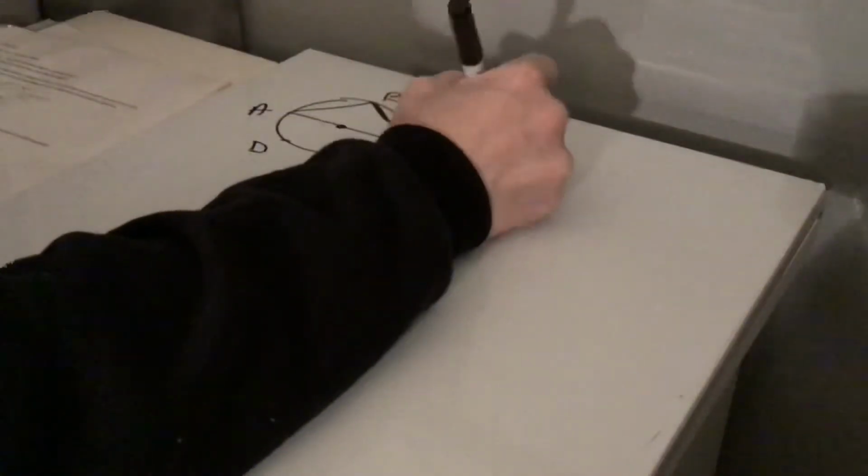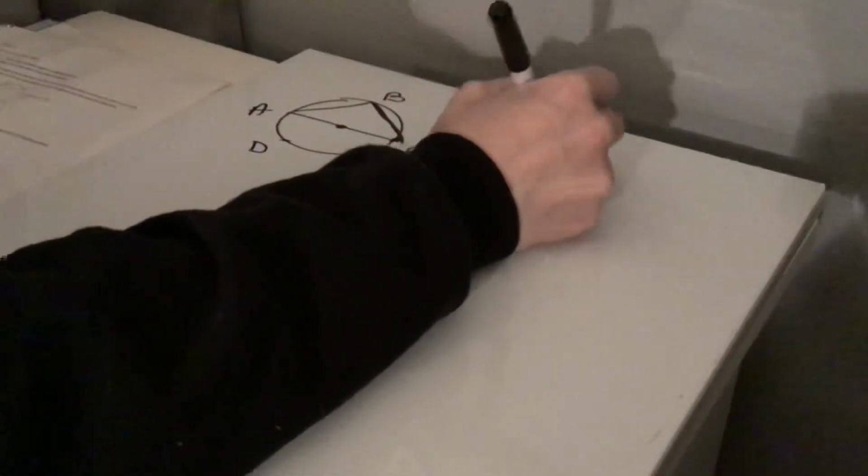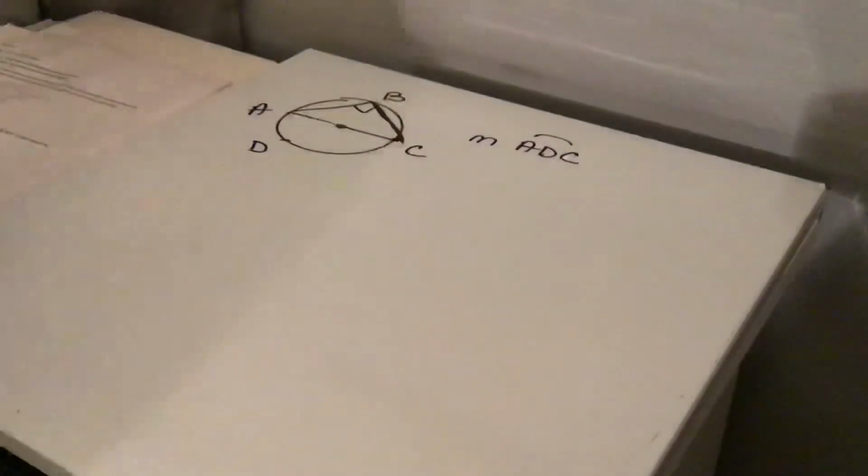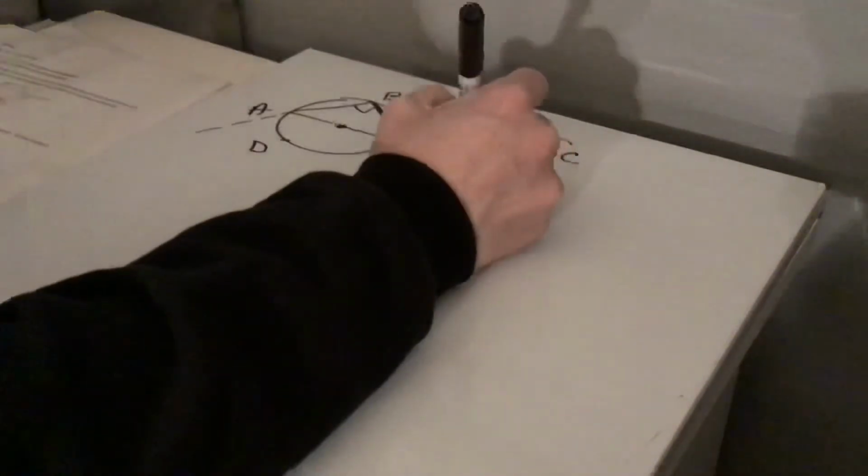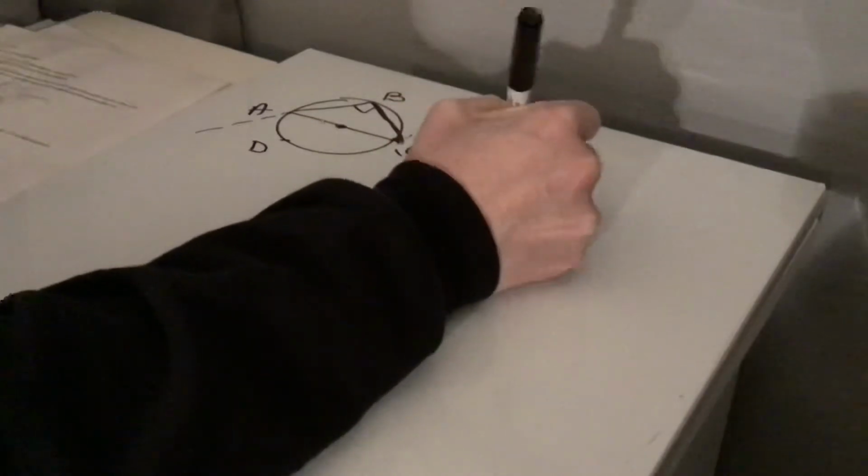So we're looking for the measure of arc ADC. We're told this, okay? So arc ADC is here. That's like if I extended the sides of my angle, okay? It's the intercepted arc. And theorem 10.8 tells us the angle is half the arc, okay?